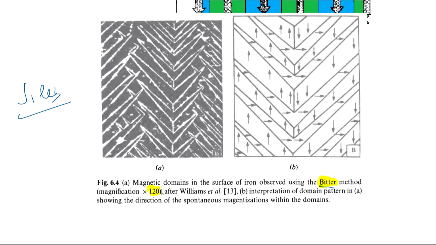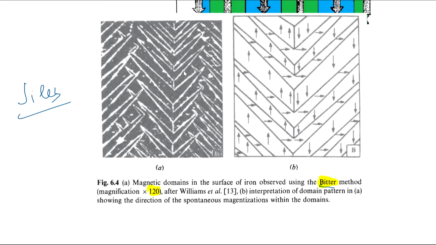So the magnification of the microscope you can get from the eyepiece magnification and the microscope objective lens. So it's not too much, 120. So you can see them visually at a macroscopic scale using this method. Okay, so that was the Bitter experiment.